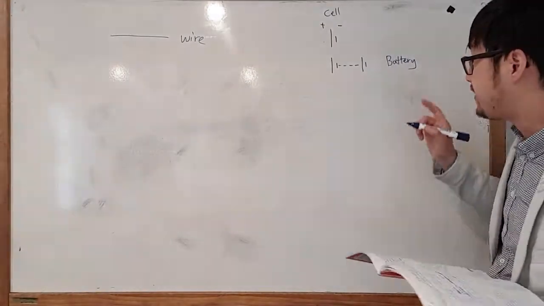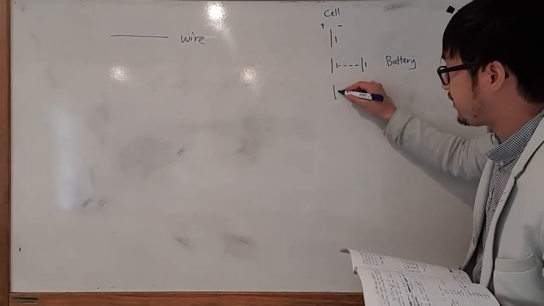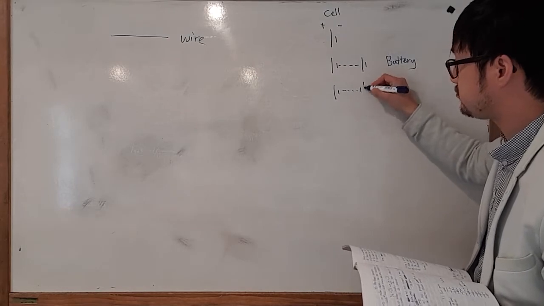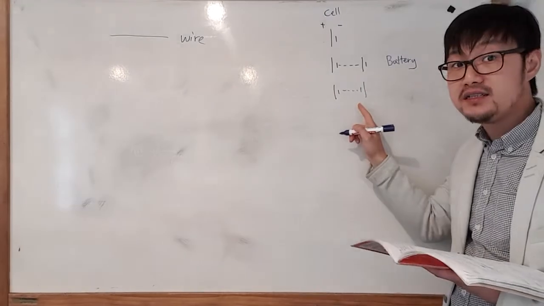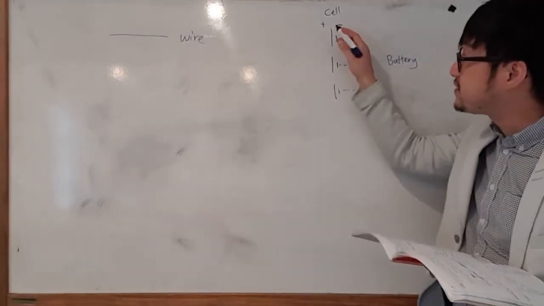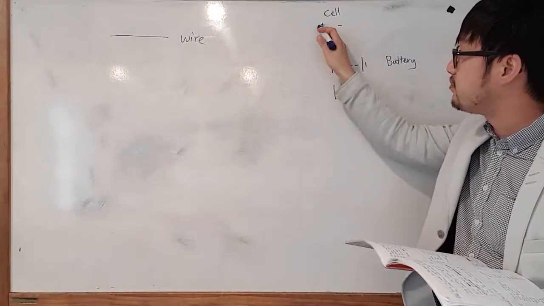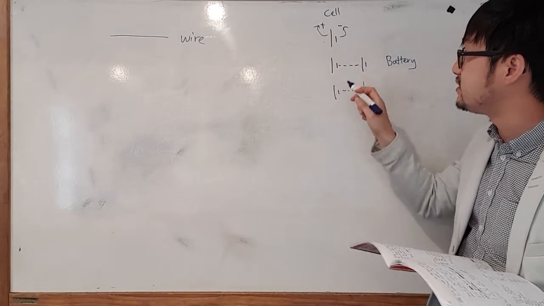Some students will draw it like this. Have a look and see why this one is incorrect. The longer one, as we've established, is the positive side, and the short one is the negative side.